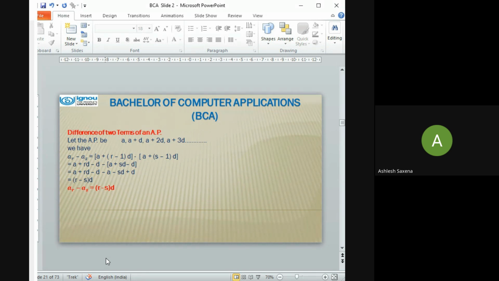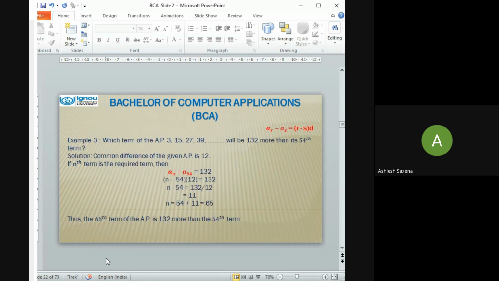Okay, now we will see. Which term of the AP 3, 15, 27, 39 will be 132 more than its 54th term? Very interesting question.